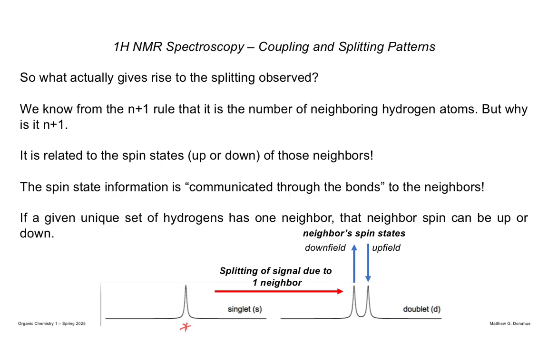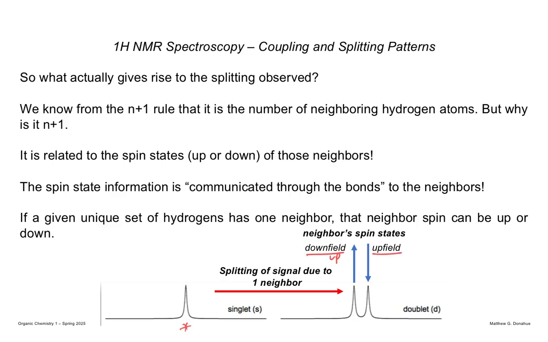And so if it's spin up, so that would be aligned with the magnetic field, that little part of it is now more downfield than the original signal. Then you have a spin down, which is opposing, and so now it's more upfield.